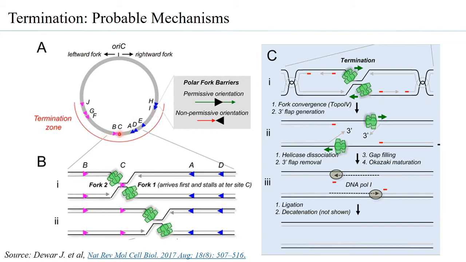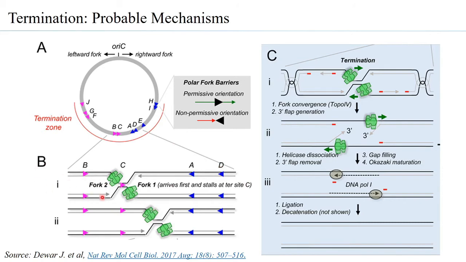These are what are called the ter regions, and you can see the polarity of these 5 is different from these 5. For this replication fork, the arrest will be by these 5, and for this replication fork, the arrest will be by these 5, because the ter region has what is called the permissive orientation and the non-permissive orientation. So let us take the first case scenario.